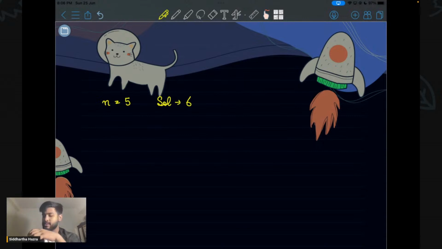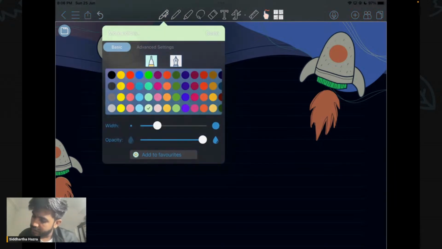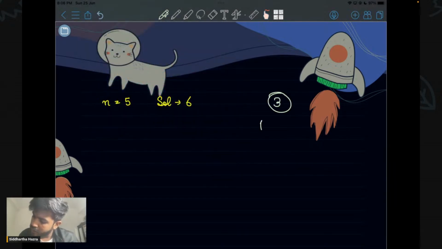Basically, this is a very simple question where you need to find the number of ways in which you can build up the value n. Translating the same in Hindi, it would be that in which ways can we write n. Let's say we have a number like 3. So 3 we can represent as 1+1+1, we can represent as 2+1, and we can also represent as 3.